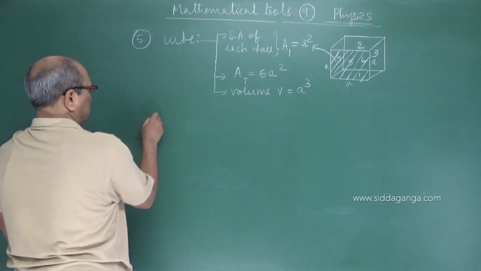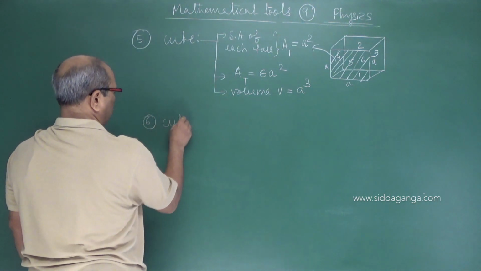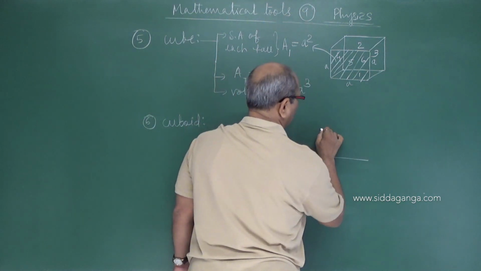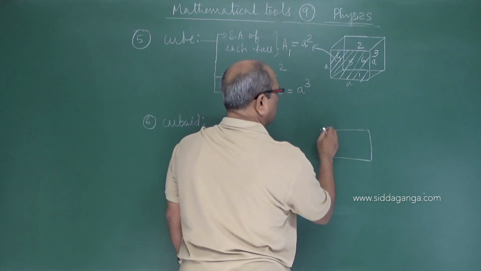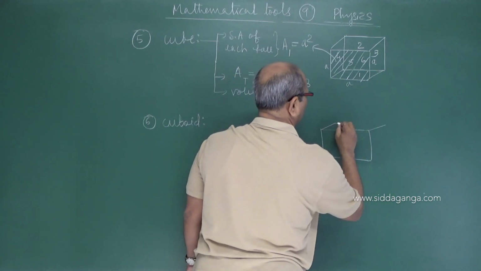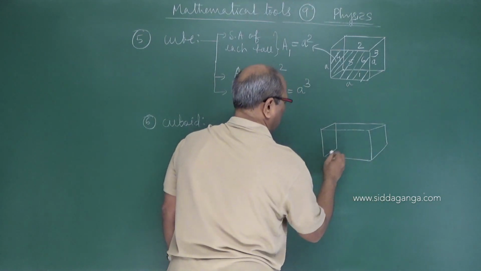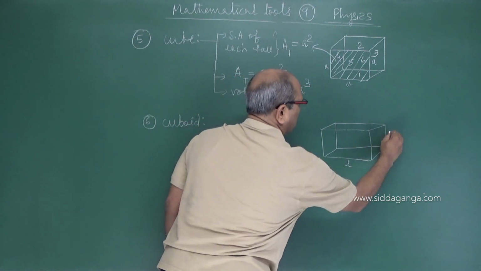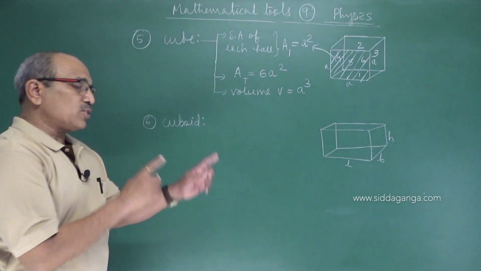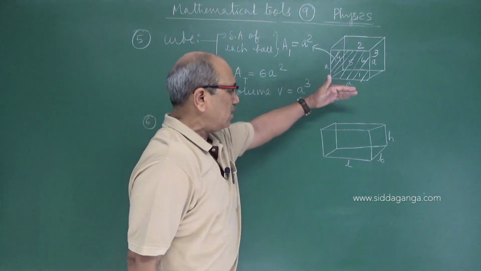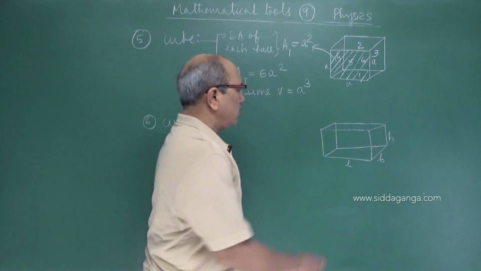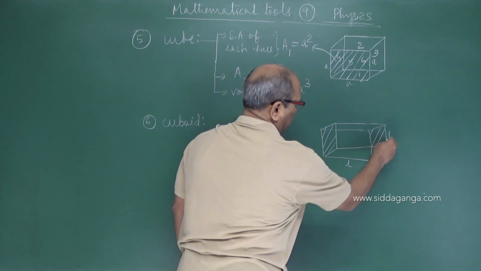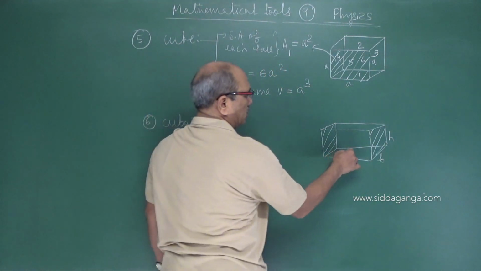Then coming to the cuboid, a cuboid has three different sides: length, breadth and height. It also has six faces, two opposite faces each: front and back, top and bottom, and these two sides. If you take these two sides they are of the same area, and likewise these two.